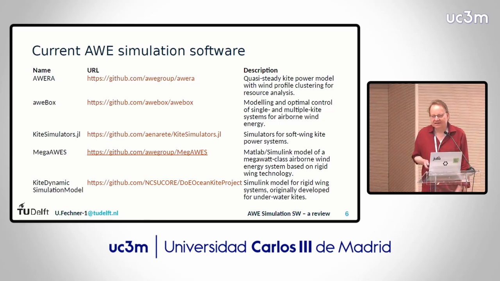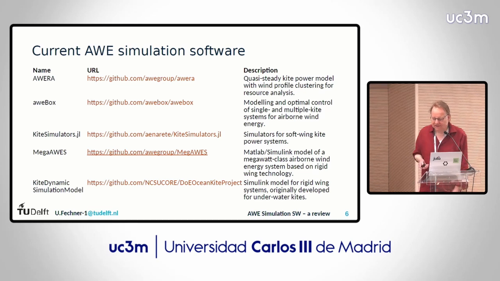At the moment, it is quite specialized on leading edge inflatable kites, but it could be easily also extended for other systems, so that might be interesting for some of you who work with rigid wings or whatever. If you want to do wind resource analysis with systems that have another power profile, please look at it.